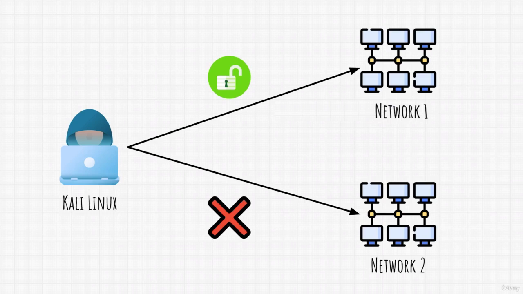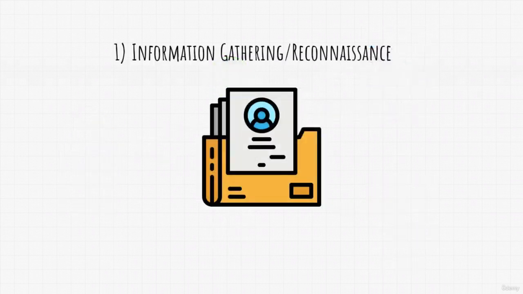Now that we got that out of the way, let us finally talk about the different stages of penetration testing. We already know that there are 5 of them, and the first one is reconnaissance, or information gathering. Reconnaissance is the act of gathering information about your target to better plan out your attack.